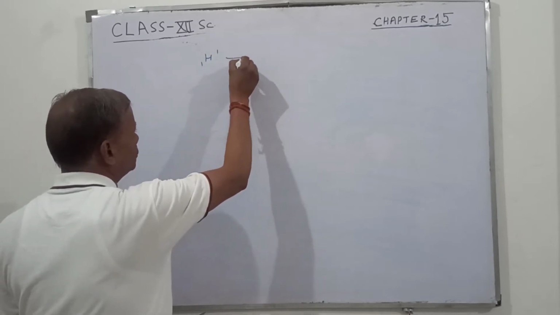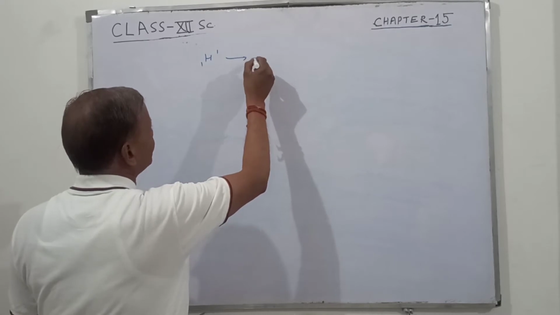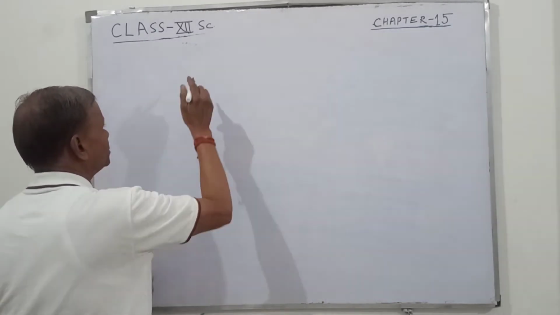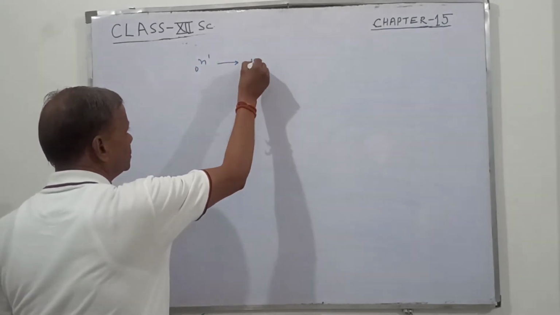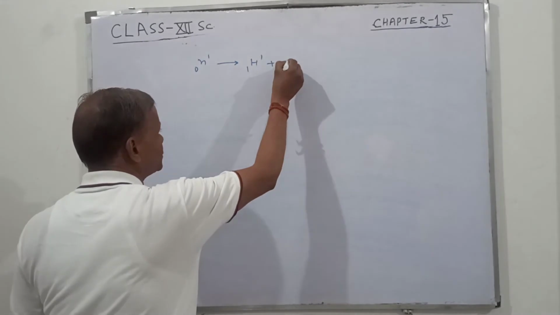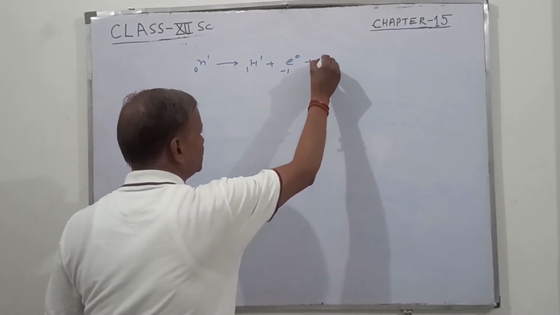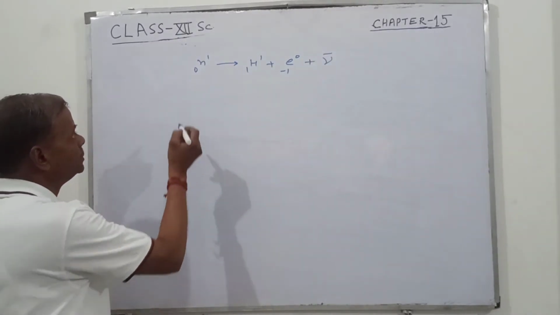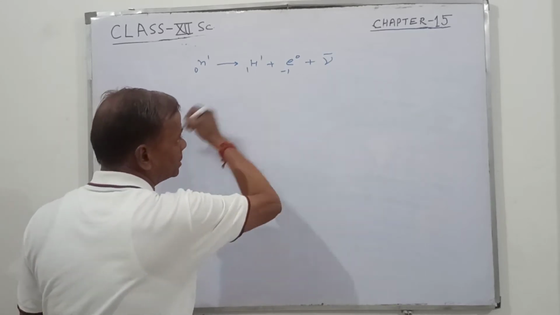I will take first the neutron, n01 goes to H11 plus e minus 1 0 plus antineutrino.